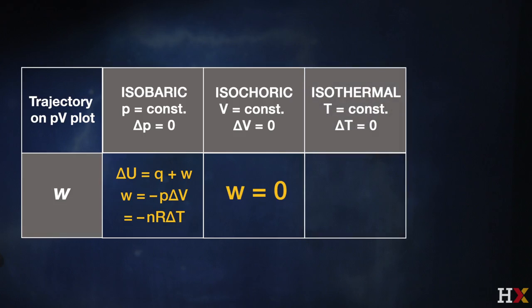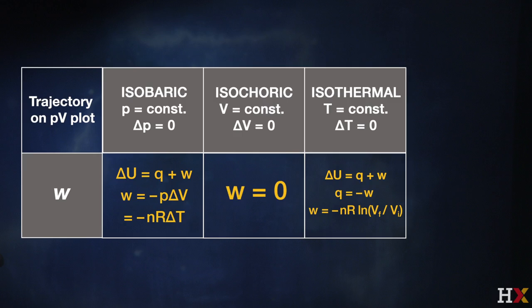Isothermal, delta T is equal to 0. All right, so now delta U is equal to Q plus W. And now this is where our previous work comes in extremely valuably. So Q is equal to minus W, but we calculated the work along an isothermal trajectory. That's equal to minus nR logarithm of volume final over volume initial.